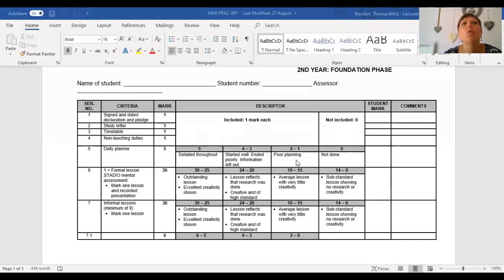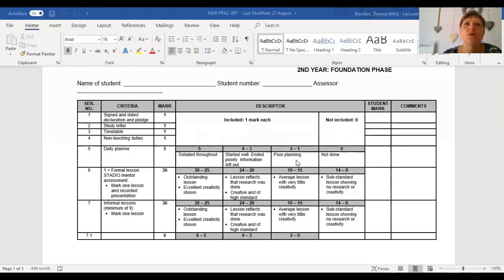Also look for the topic of the lesson. Did they put the topic of the lesson down there? Did they say that they did a phonics lesson and they did the letter A? Or did they say that they did a life skills lesson and they taught the 5 senses?